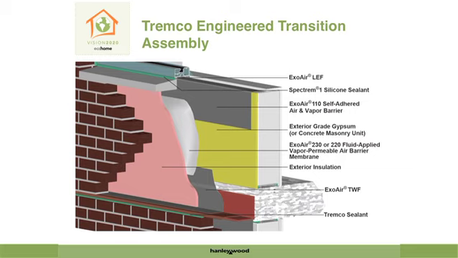They have a new package called the Engineered Transition Assembly, where every single component is part of their package. And their technical staff work with the architect, the construction supervisor, and the specifier to go over every single detail for that project by project to make sure that the air barrier and the water barrier are continuous.